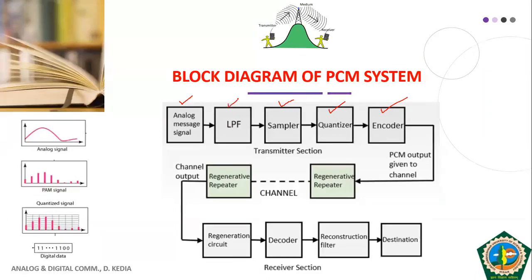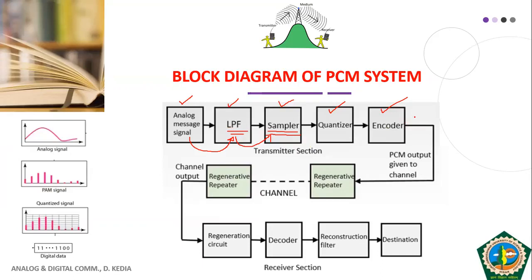Now, where has this LPF, low pass filter, come from? If you remember, I told you that in order to sample, I need a band limited signal. So for a band limited signal, I need to pass my message signal through a low pass filter. This low pass filter will make my signal band limited, and only then will I be able to carry out sampling. That's why this low pass filter has been shown here.